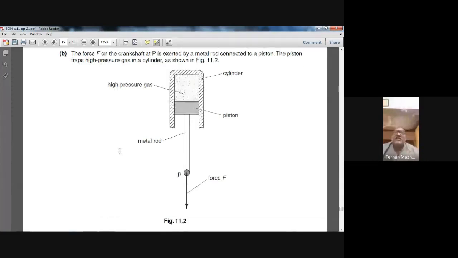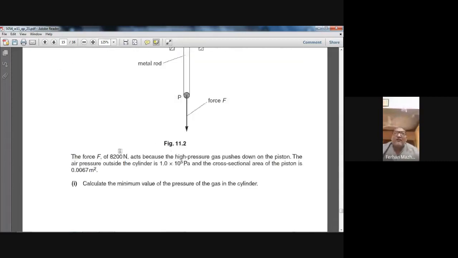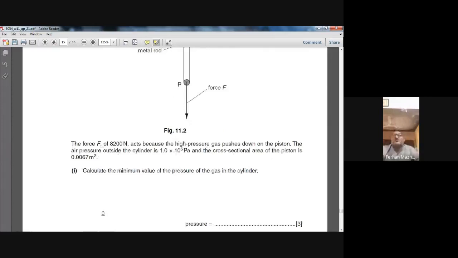His question is: a force of 8200 Newton acts because the high pressure gas pushes down on the piston. The atmospheric pressure outside the cylinder is 1 x 10^5 Pascal, and the cross-sectional area of the piston is 0.0067 meters square. Calculate the minimum value of the pressure of the gas in the cylinder.